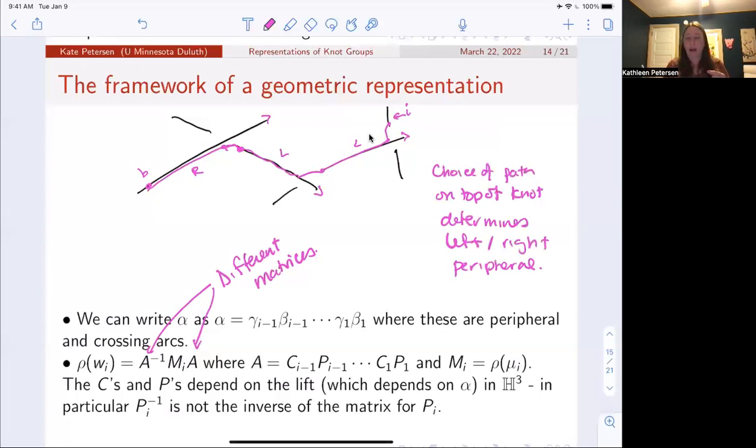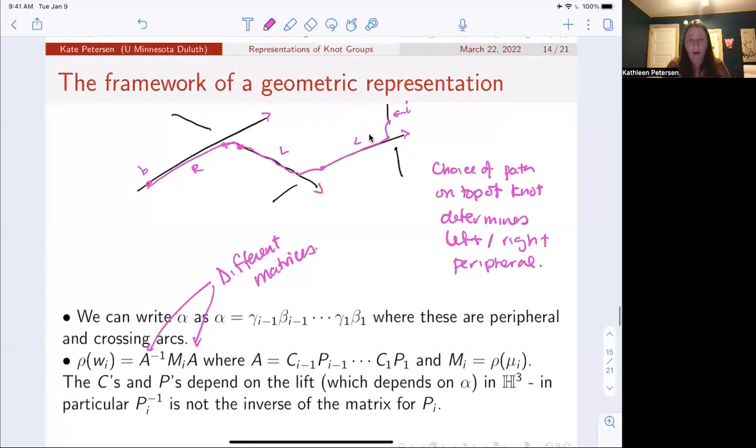I can take a path on the top of the knot, peripheral crossing, do a little loop and retreat and get my Wirtinger generators, except these P and C matrices are horrendous. How could you ever figure out what they are?